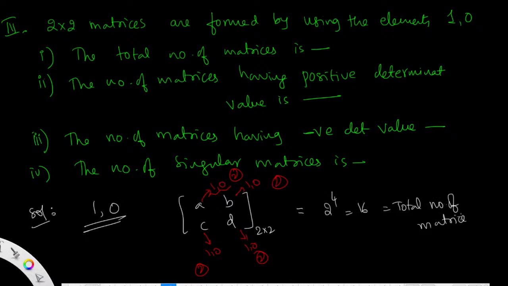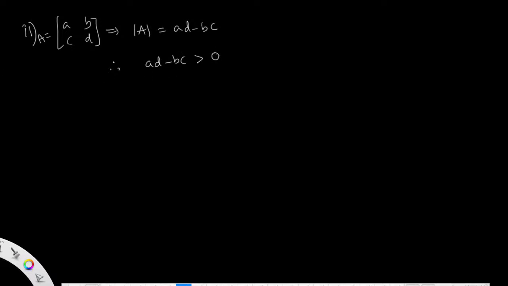Similarly, go to the number of matrices having positive determinant. For the second question, the matrix is of the form A, B, C, D. Det A equals AD minus BC. Therefore, AD minus BC must be positive, using the elements 1, 0.